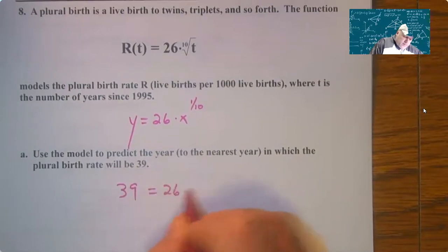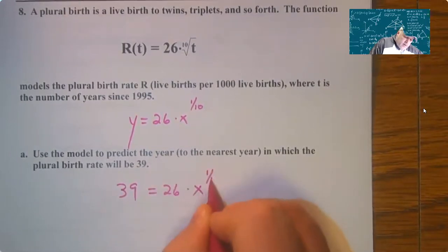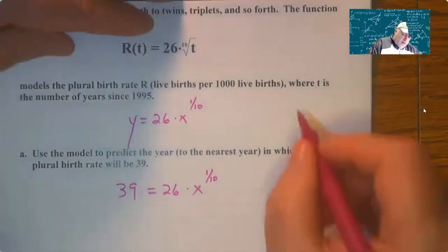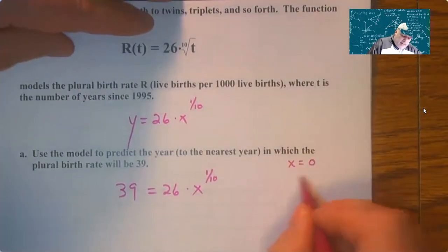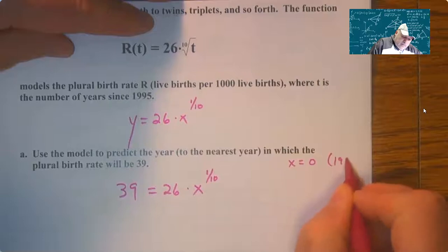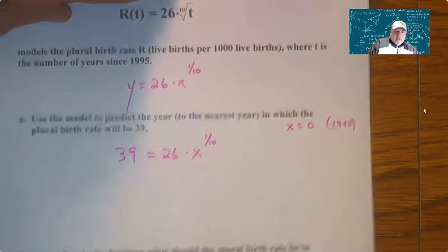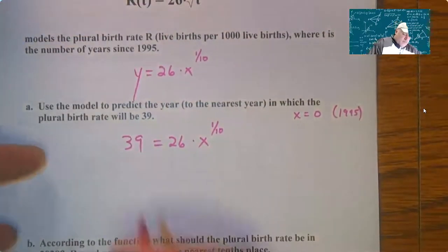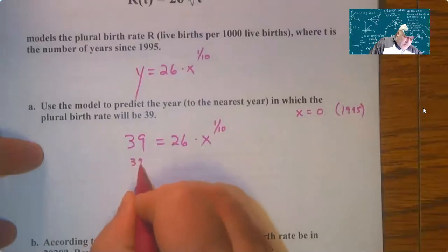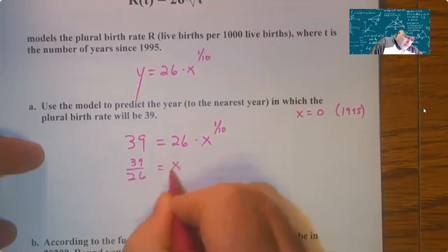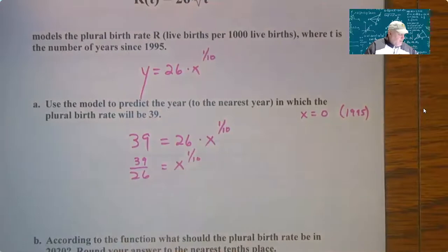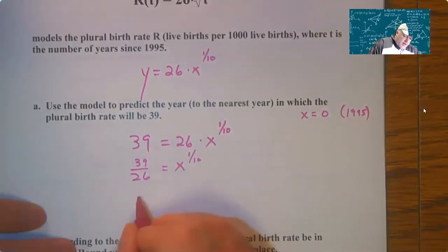Solve this for x, knowing that x equals 0 is really 1995. That you got to keep straight. So take this over to the left, divide it out, and then you're going to raise each side to the 10th power, the reciprocal power, and you get about 58.